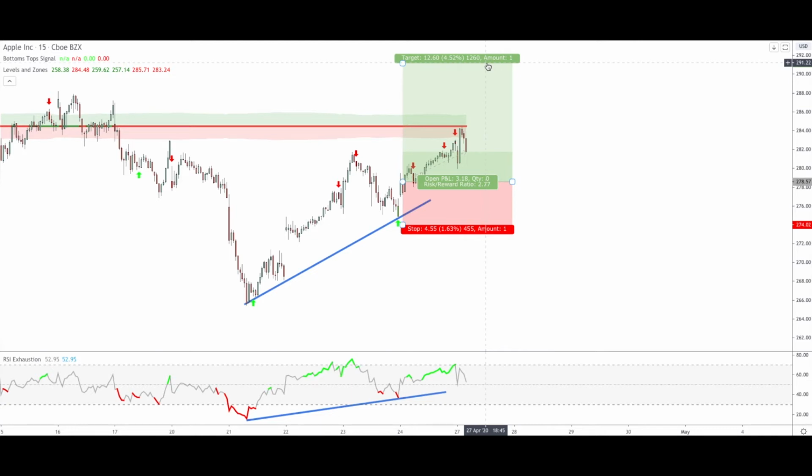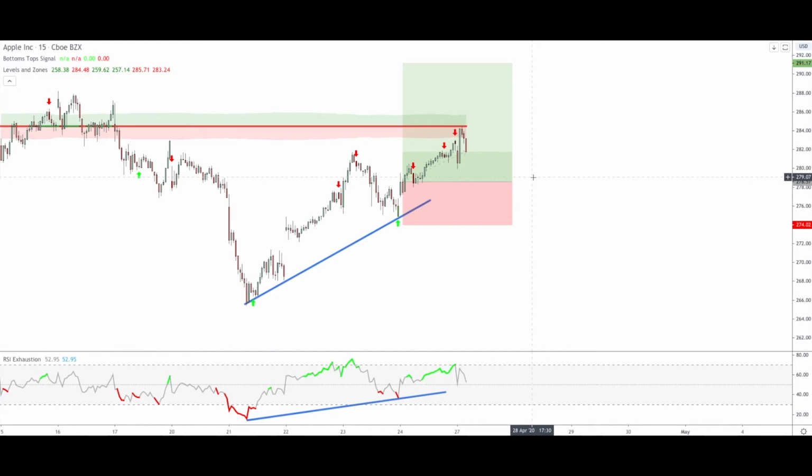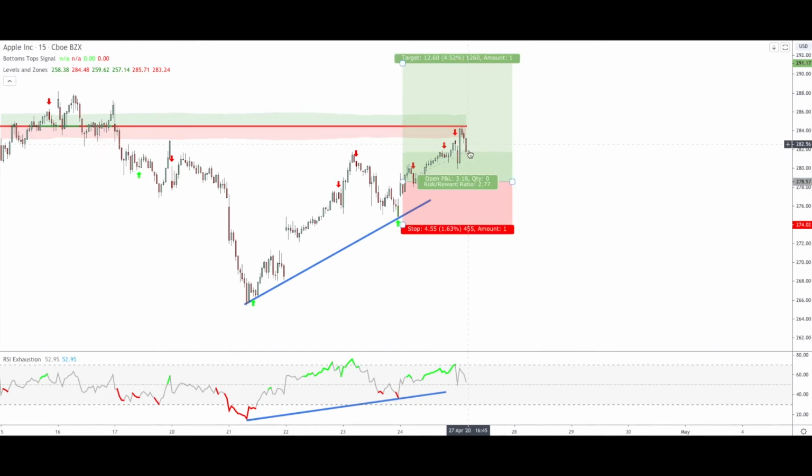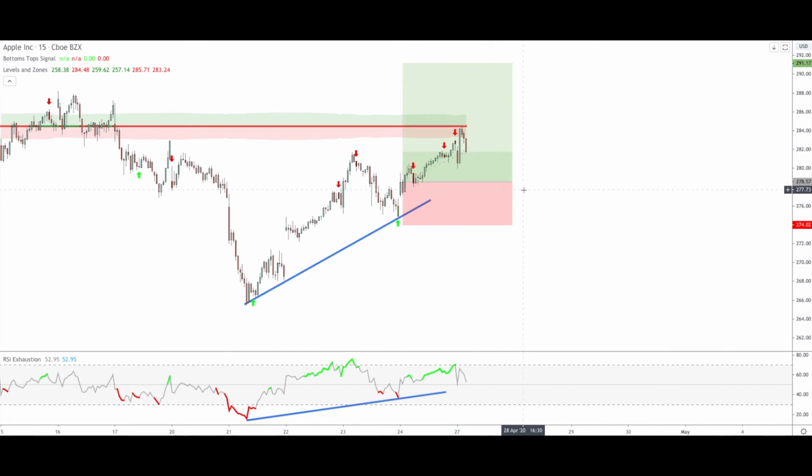Well, of course I would like that, and if it does, I'm super happy, but even if it breaks up and stays above the resistance, so it becomes a support for quite some time, then it would be better. And in that case, I will move my stop loss to break even.